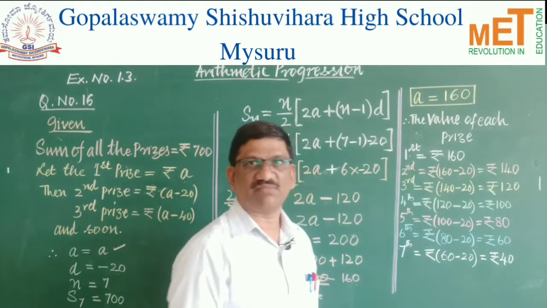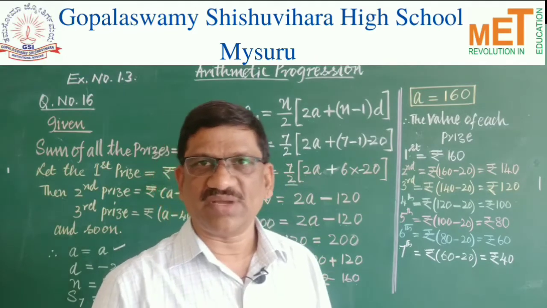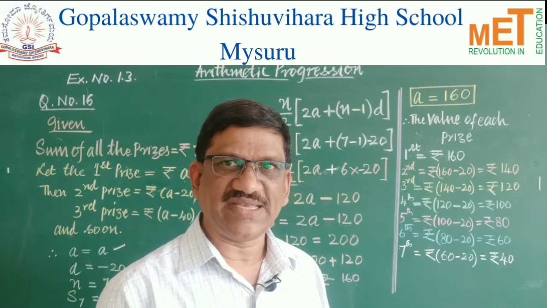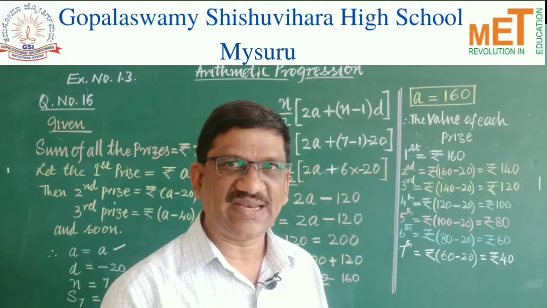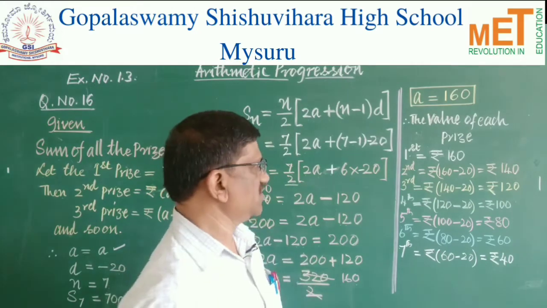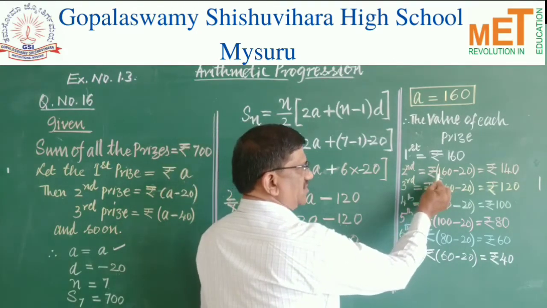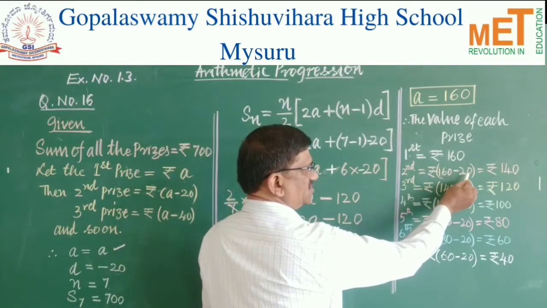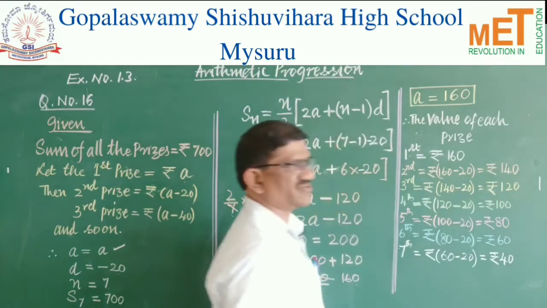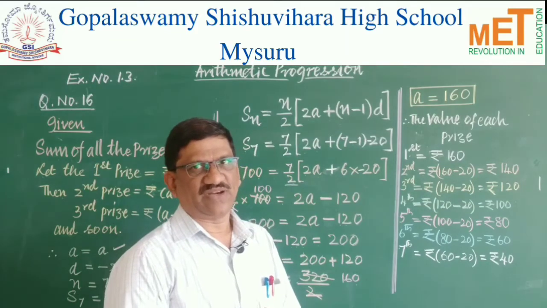Why do we have to subtract 20? Because the cost of every prize is 20 rupees less than the cost of the previous prize, isn't it? So it is rupees 160 minus 20, that is equal to rupees 140. The cost of the second prize is rupees 140.